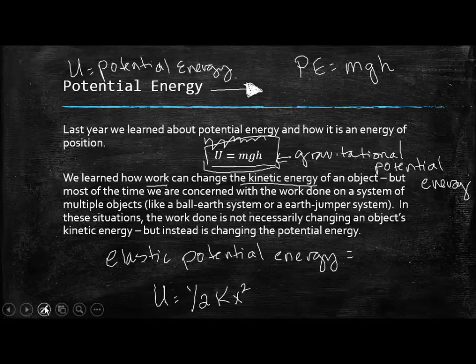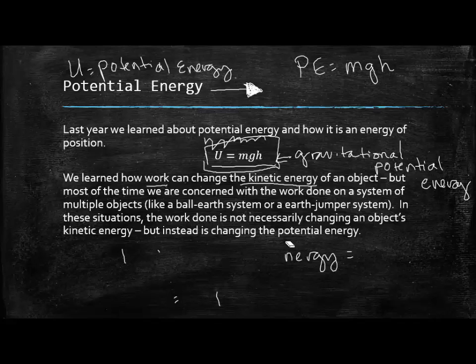So we sometimes will talk about the work done on an object not as being equal to the change in the kinetic energy, but more as being equal to the loss in potential, or the negative of its potential energy.